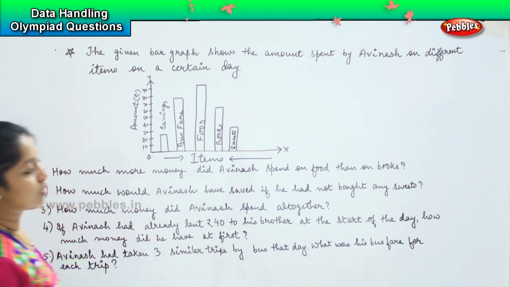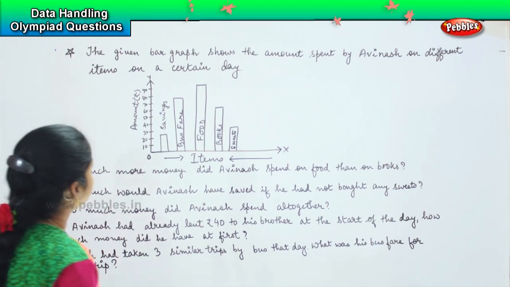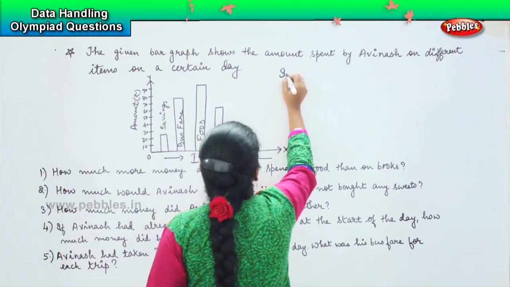Okay. So did you understand, children? So here is the amount spent by Avinash on different items on a given day. So now we will categorize it first.